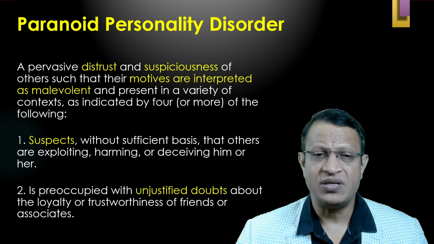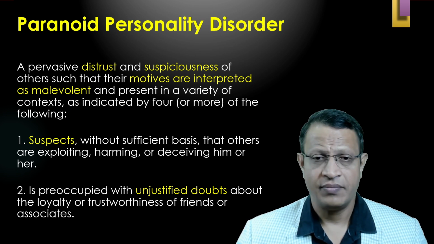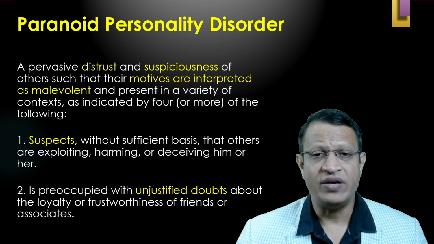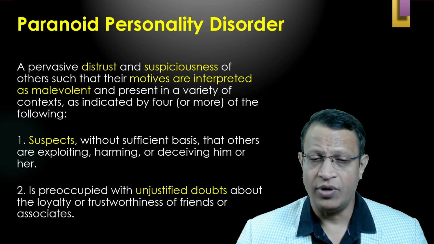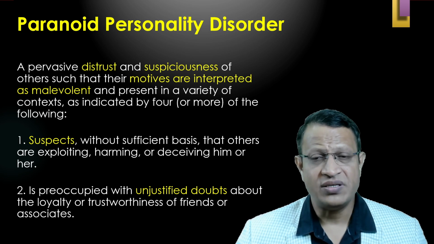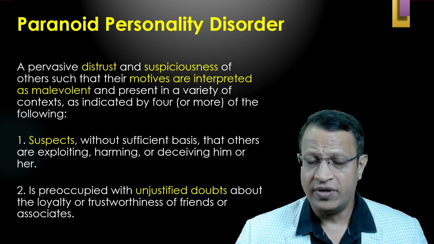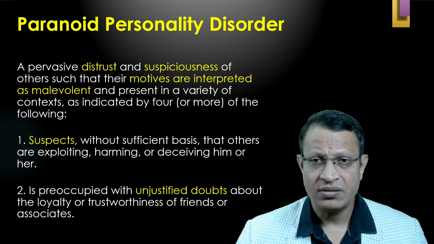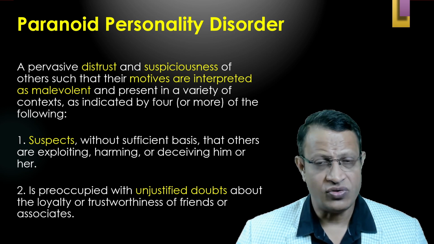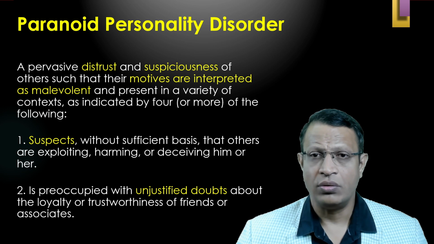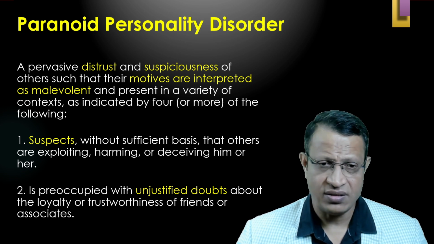In paranoid personality disorder, there is a pervasive distrust and suspiciousness of others, such that their motives are interpreted as malevolent, and it presents in a variety of contexts. That means it is not present in only one situation. It will occur in the occupational place, at home, in society, and even in the place of residence.